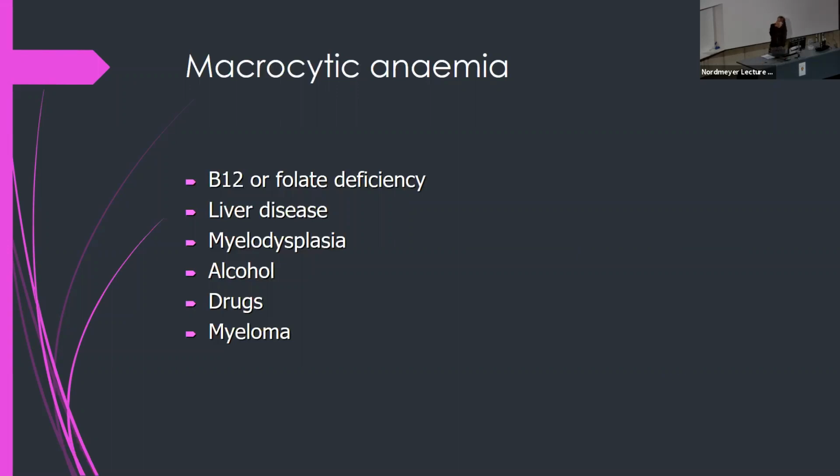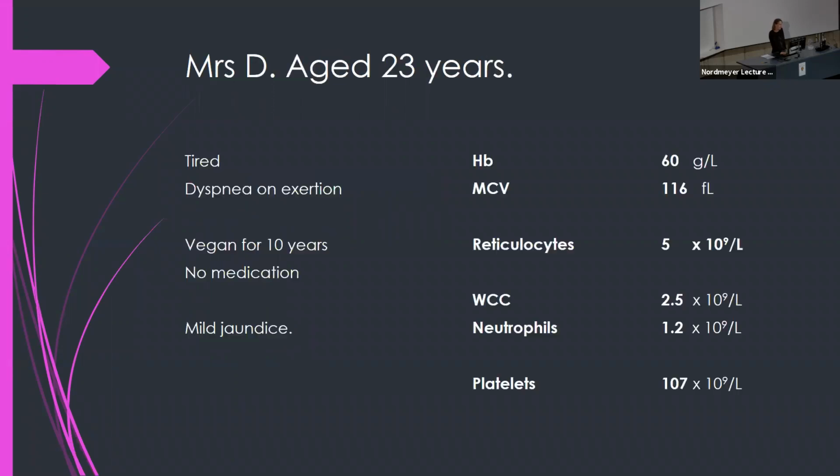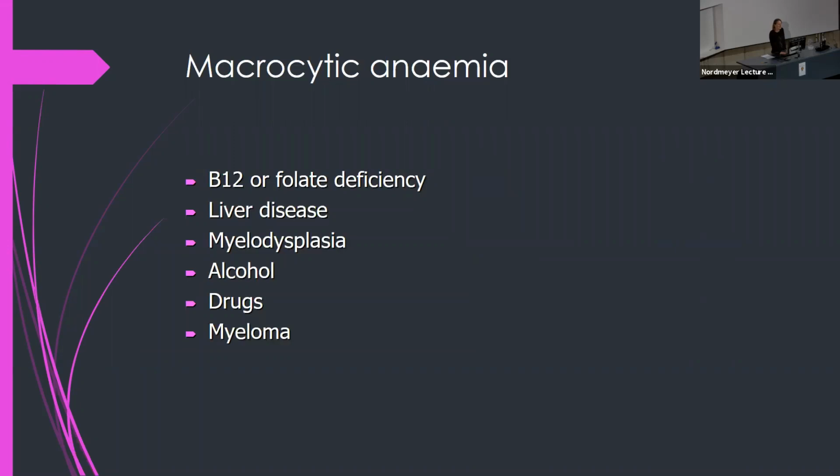B12 or folate deficiency, she is vegan. Liver disease, I can't exclude it, but we've got no reason to think that. Myelodysplasia, she's pretty young for myelodysplasia. Anyone can get myelodysplasia, but usually it's a disease of the elderly, older person. Elderly is about 10 years older than you are, anyway.